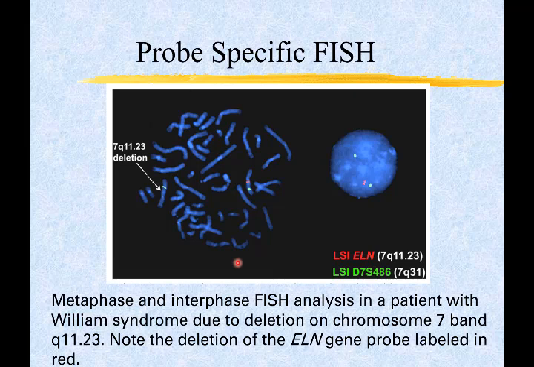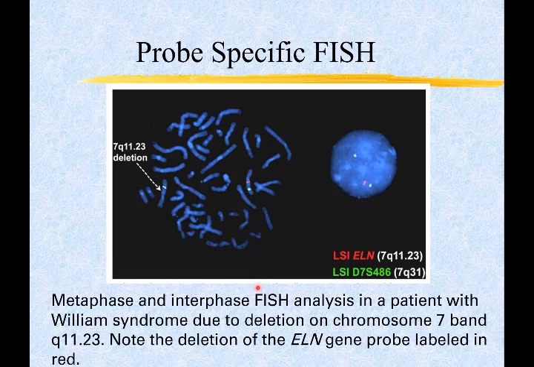Here's another microdeletion, for the Williams syndrome, which occurs in a 7q11.23 deletion. So we have the control probe LSI at this locus on 7q31, and the deleted area is LSI ELN, where you can see only 1 red signal and the 2 normal green signals.